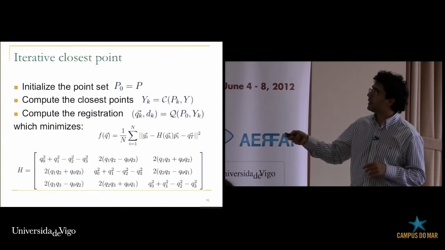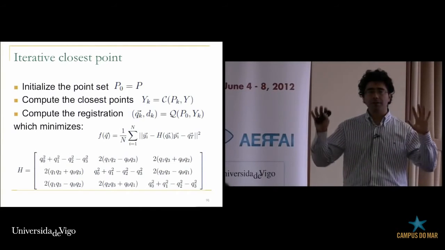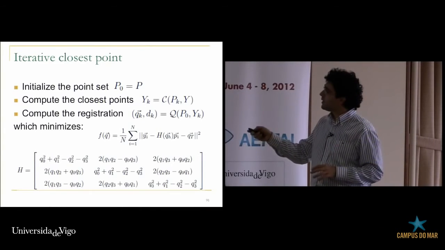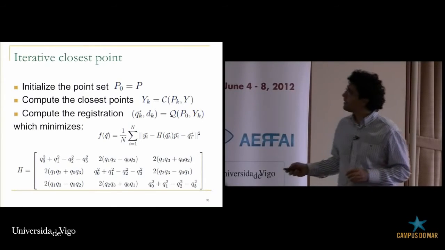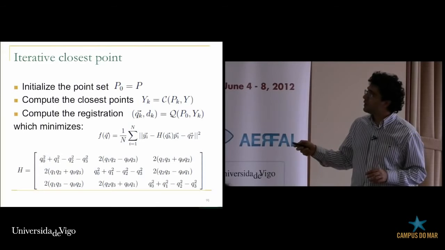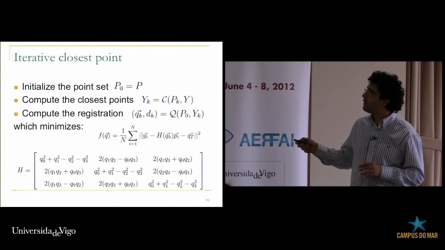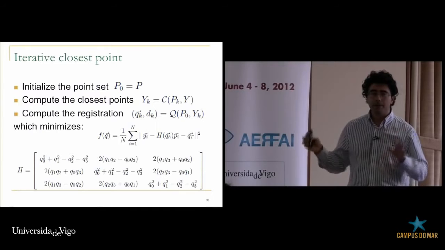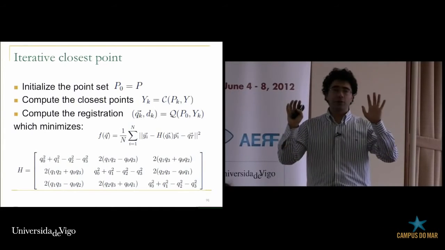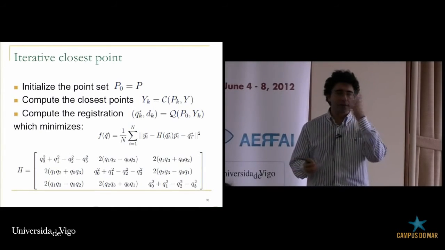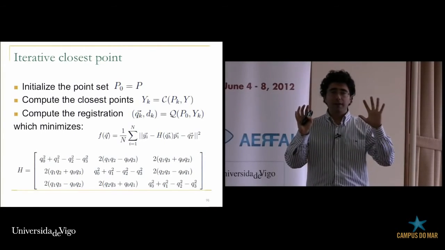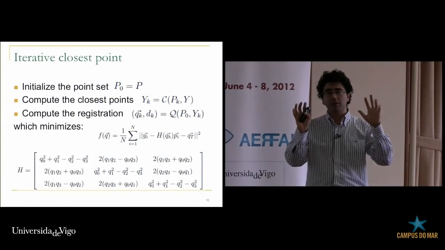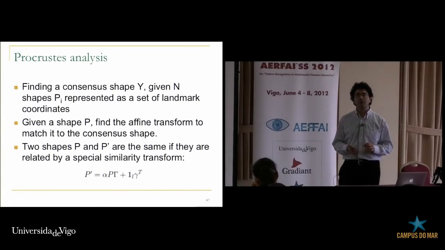You set it to P, which is the set that you're going to align, and you're aligning it to, let's say, the second point cloud, which is Y. You compute the closest point in P for every point in Y. So that means if I have 30,000 points, typically a laser scanner will give me 30,000 points on the face, I will find the closest point in the second point cloud for 30,000 points.